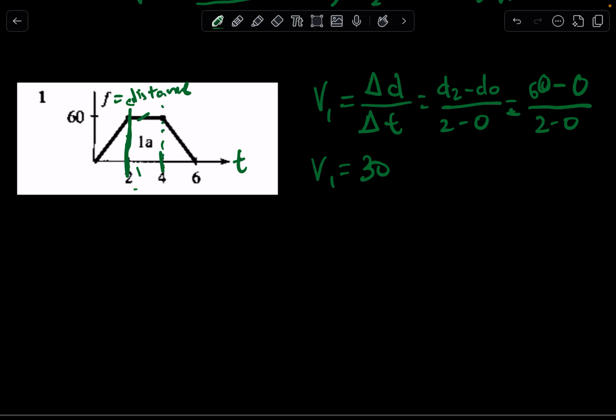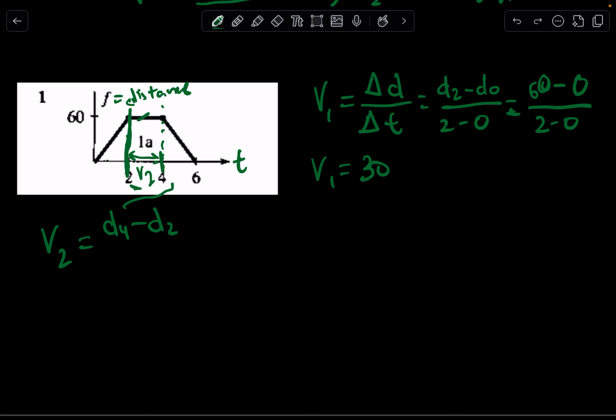This section right here, we call it V2, and we can solve it in a similar manner. V2 equals distance at 4 minus distance at 2. Distance at 2 is here, and distance at 4 is this one right here.